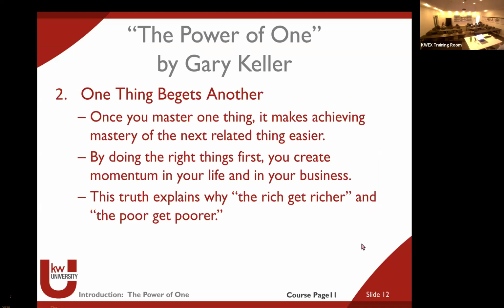Gary says once you master the one thing, it makes achieving mastery of the next thing that much easier. And I think that's a pretty standard expectation of education. You learn the basics, you learn more as you get to an advanced level, and eventually you become a master at what you're doing. The more we focus on that one thing, and in this course the one thing is always lead generation, right?